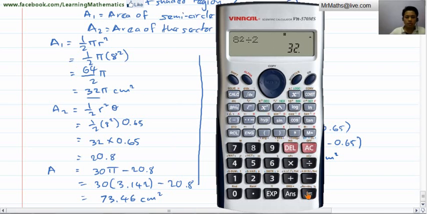That's correct. A2 is half r squared theta. 8 squared divided by 2 is 32 times 0.65, 20.8. It is also correct. So what went wrong?